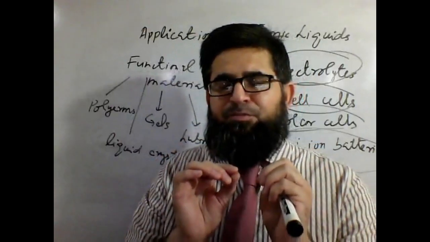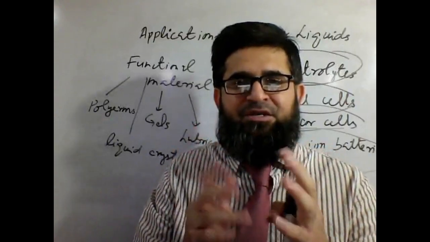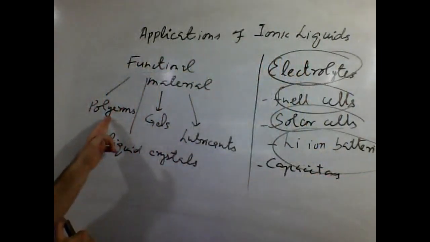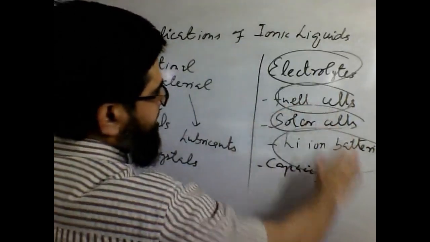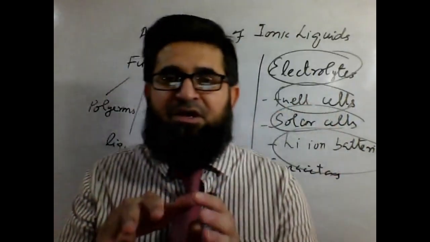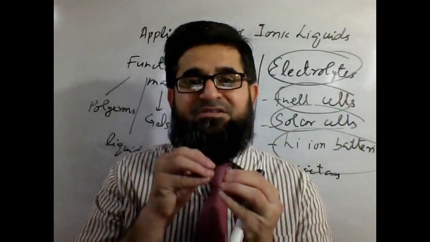So they can be applied as per our desire, as per our choice. Whether we want to use them in polymer synthesis, in liquid crystals, in fuel cells, as solvents for reactions, or as solvents for extraction purposes.